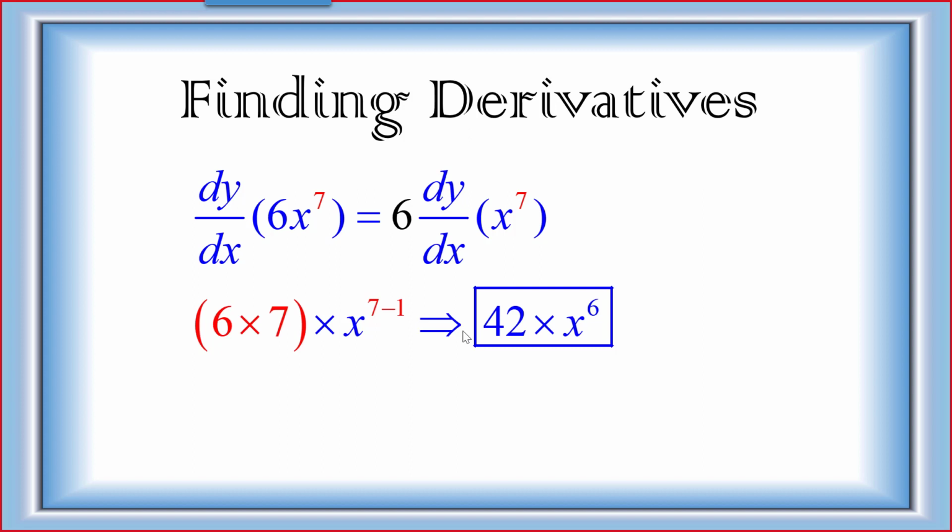So I've taken the coefficient of 6 outside, and then I'm just finding the derivative of x to the power of 7. And now you can see 7 will come outside to multiply the function. So it's 6, which was the original coefficient, times 7, which is the power, into x to the power of 7 minus 1, and which simplifies to 6 times 7, 42, into x to the power of 6.